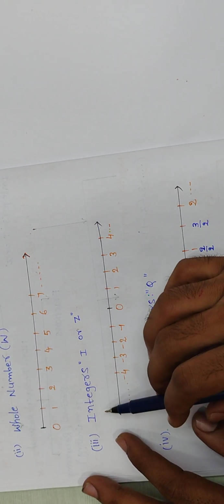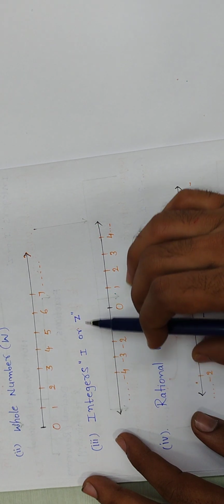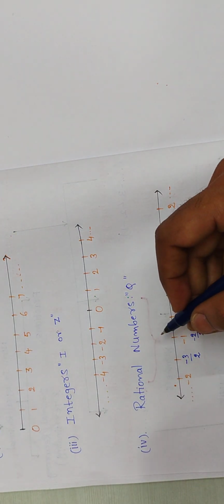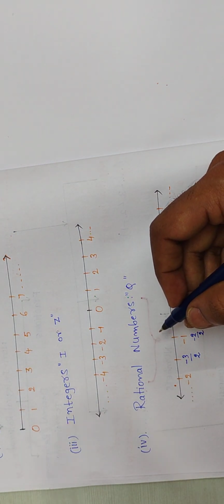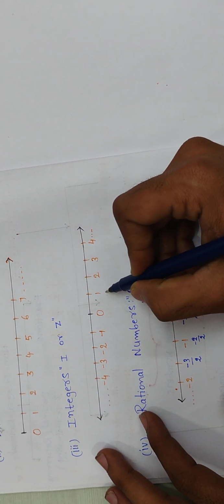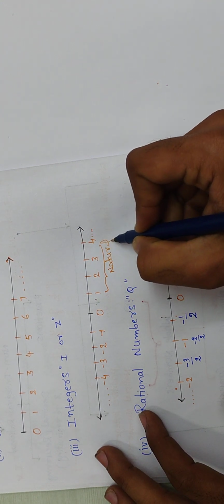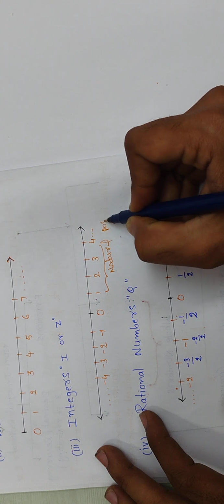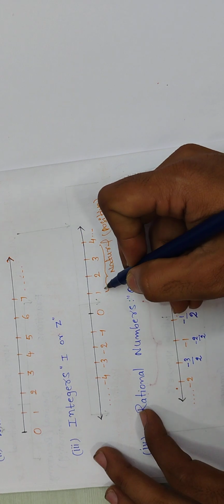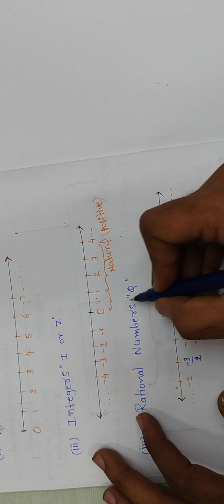The third one is the integers, denoted with the letter I or Z. What are the integers? Positive numbers, negative numbers, along with 0. The natural numbers are the positive numbers, and when we add 0 to the natural numbers, they become whole numbers.